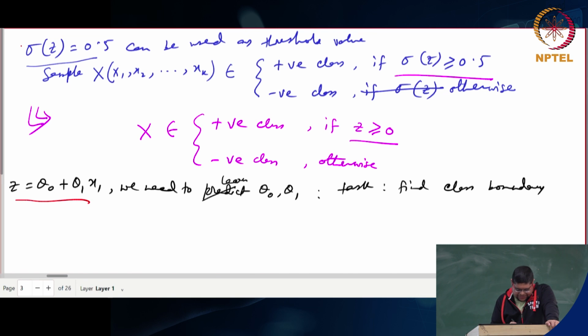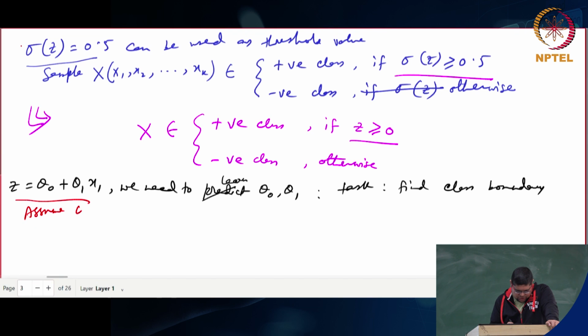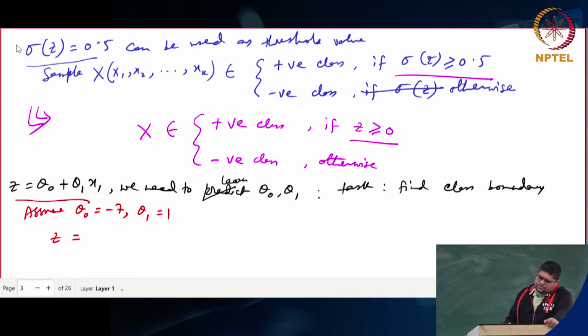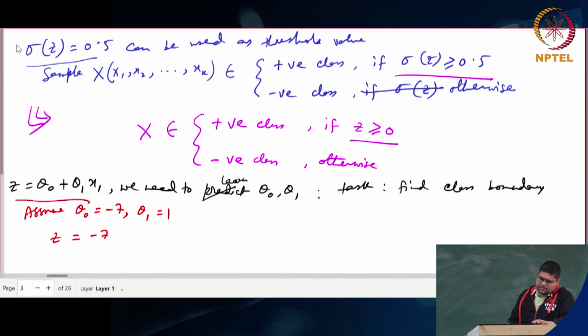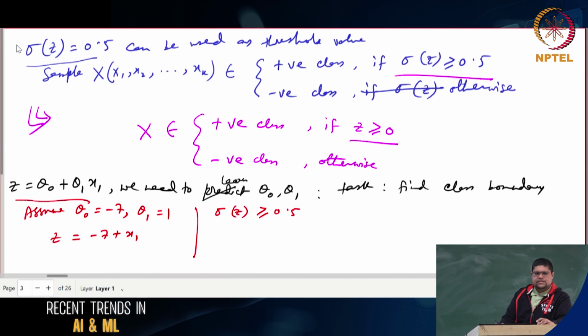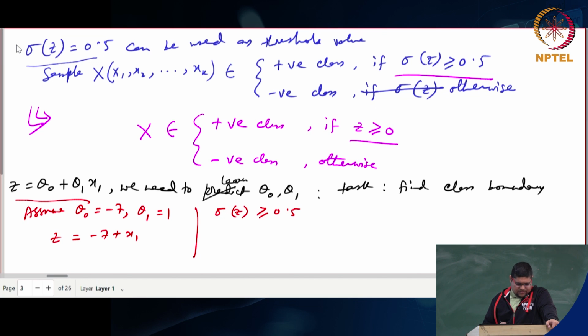So for example, here assume say theta 0 equal to -7 and theta 1 equal to 1. Then what will be your z? Calculate. z will be -7 plus x1, right? So what you know for the positive class is that sigma z is greater than or equal to 0.5, we are considering the positive class, right?